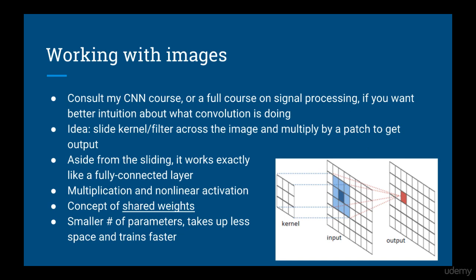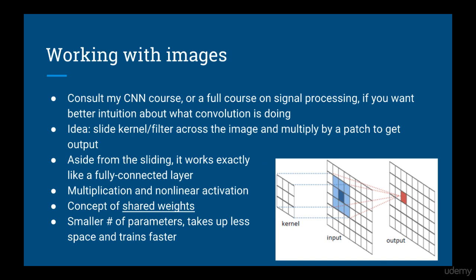While you probably want to consult my Convolutional Neural Networks course, or a full semester course on signal processing, if you want to gain better intuition about what convolution is doing, here is a simple way to think about it. The idea is we want to take a small filter and multiply it against the original image from all possible points. Basically, that means we're sliding the filter across the image.